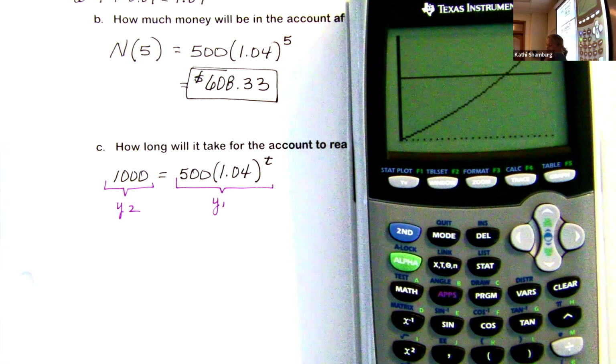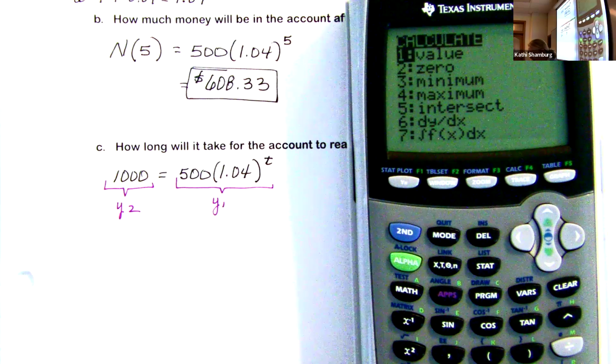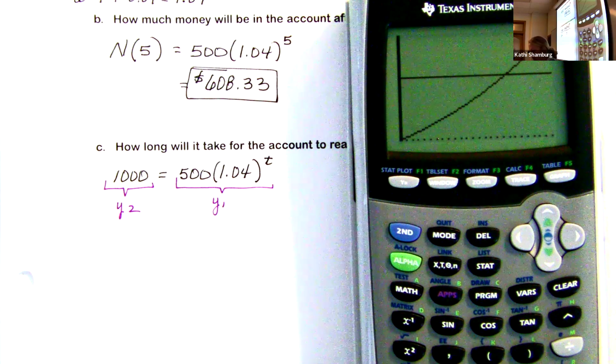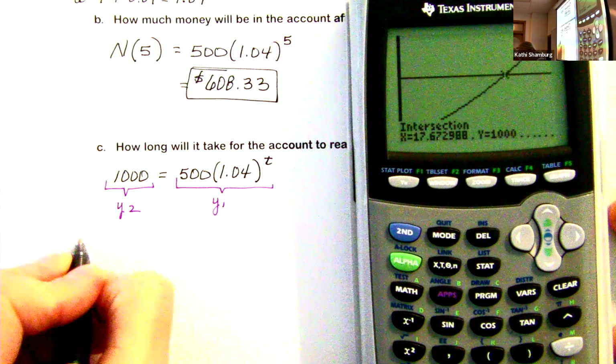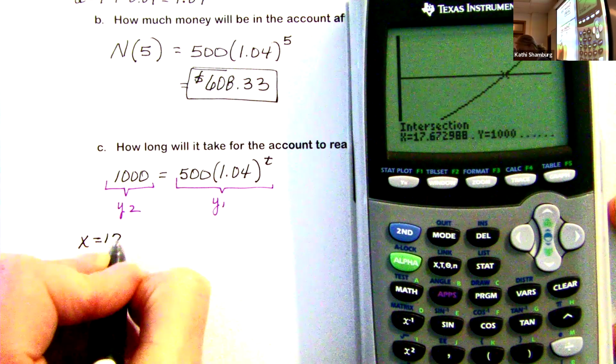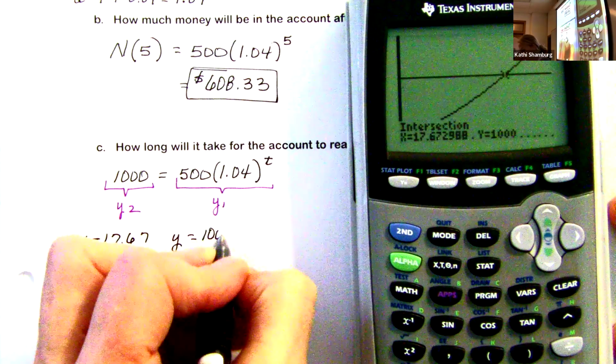Okay, I'll take a look at it here in a second, but we're running out of time, so I'm gonna go ahead and finish this. So then we go second trace, which is calc 5. First curve enter, second curve enter, guess enter. And so we get x equals 17.67, and I get y equals 1,000.